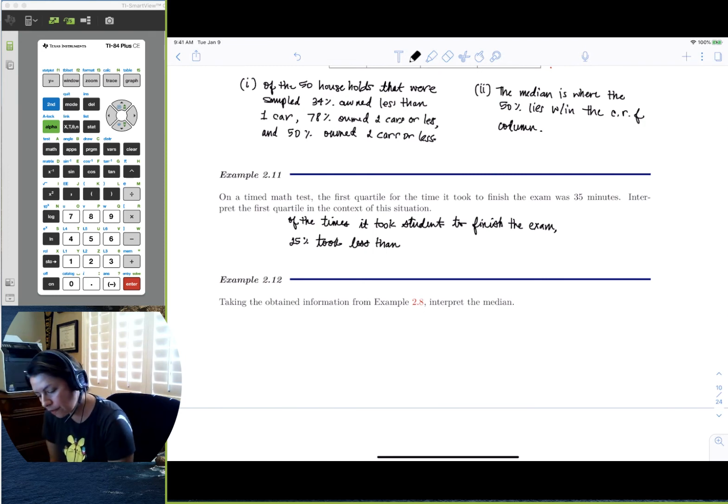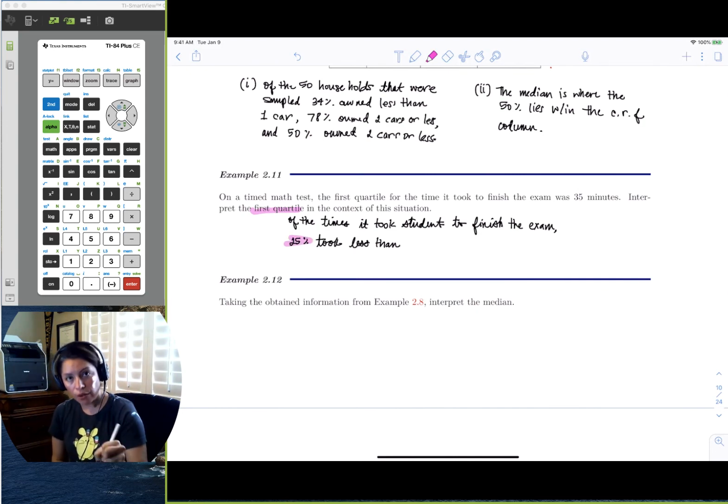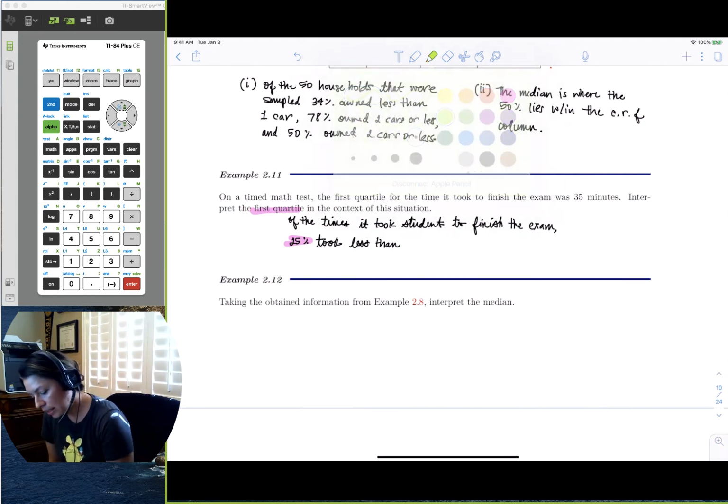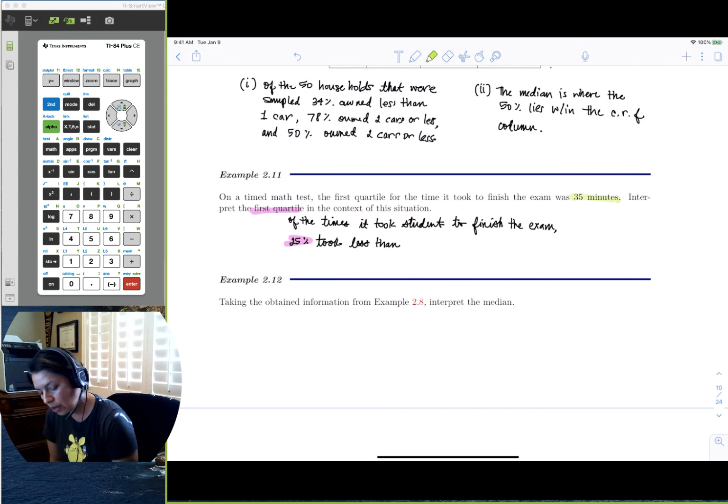So again, before I move on, remember the first quartile is 25%, and the actual value, Q1, is the data value from the study.